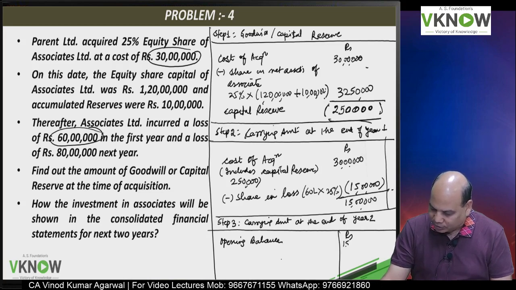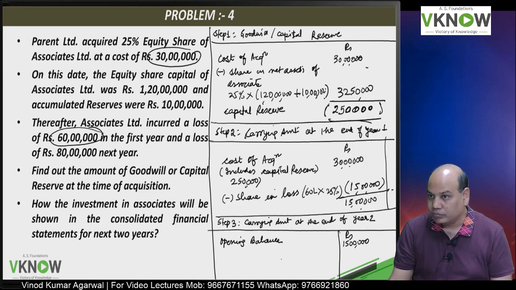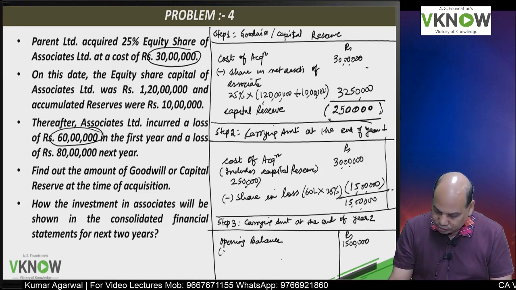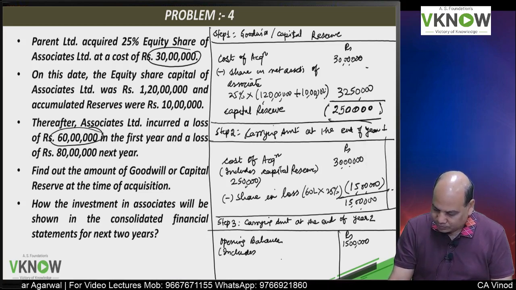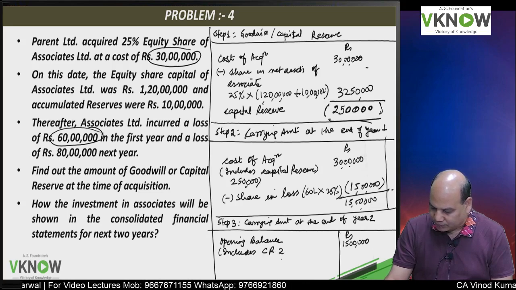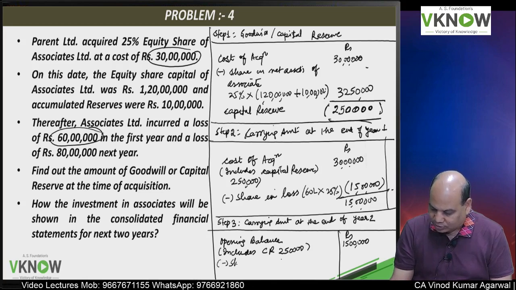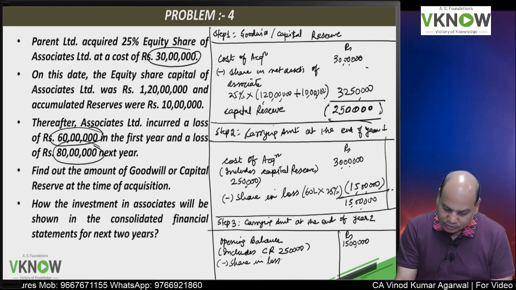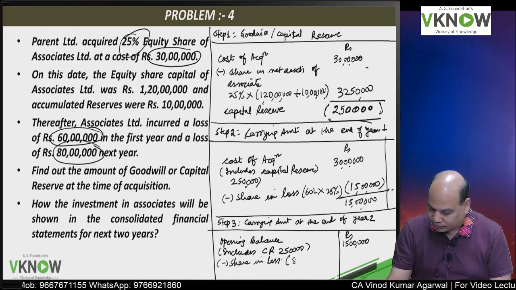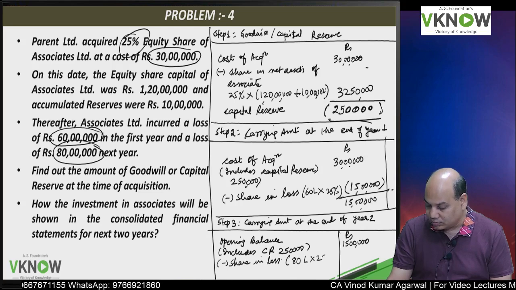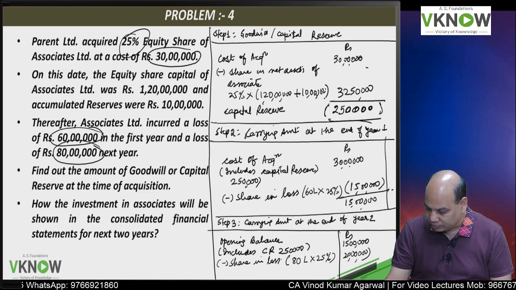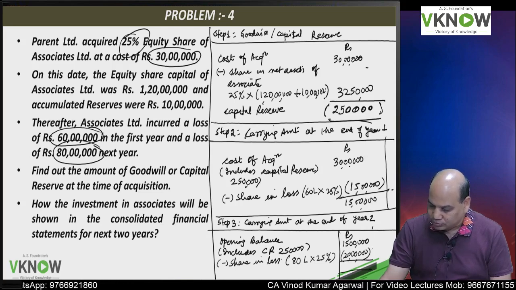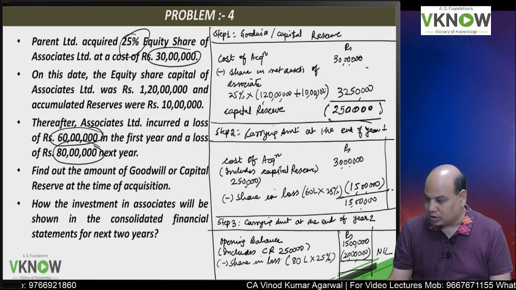Opening balance will be 15 lakh, includes capital reserve 2,50,000, less share in loss. This time the loss is 80 lakh into 25%, 20 lakh. Now, what amount you will write in the outer column? Nil.